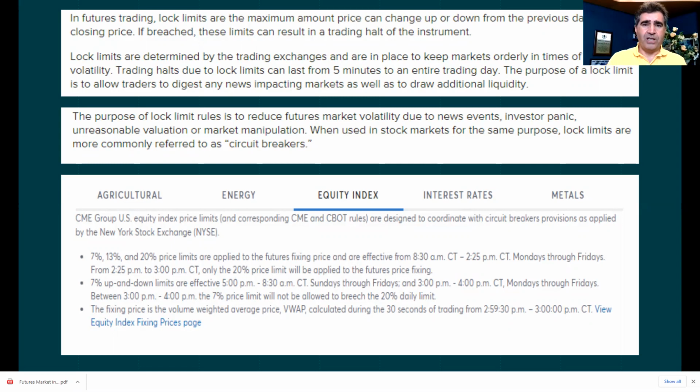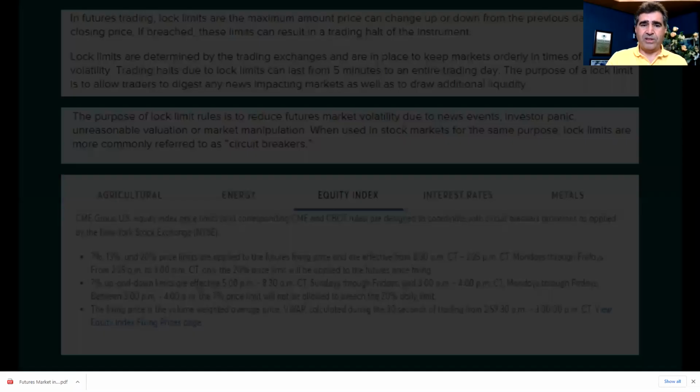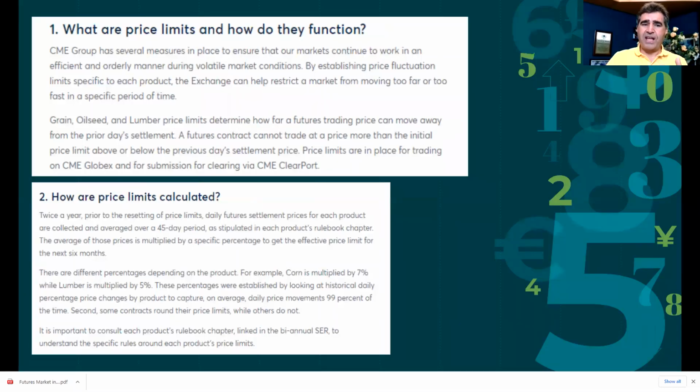Please make sure your risks are pretty much controlled, because limit downs and limit ups do happen, and I've gone through them. Say you shorted the market and it keeps limiting up, you can't do anything about it. It happens so fast.